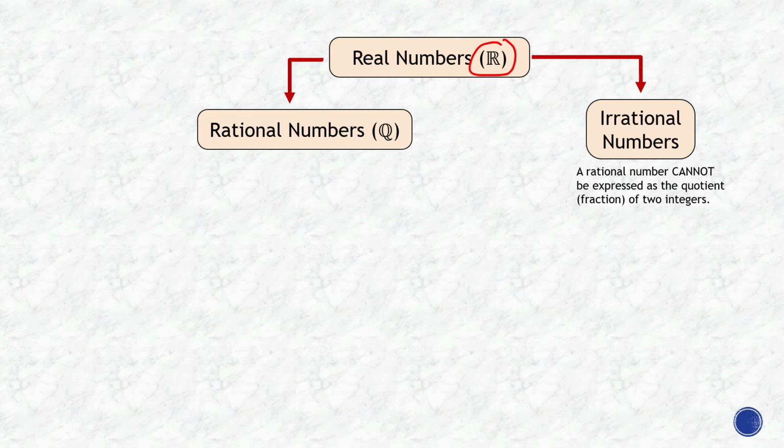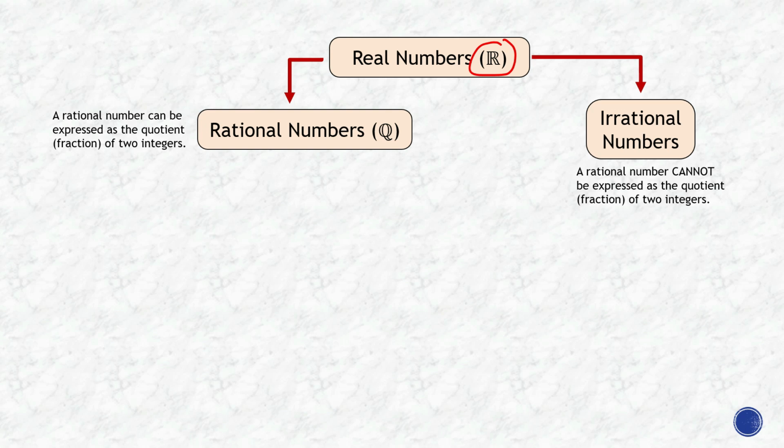Just let me make that clear. We can approximate any irrational number to a fraction, but it's not exactly equal to that fraction. So that's the big difference between irrational numbers and rational numbers, because rational numbers, we can express them as a fraction of two integers exactly.